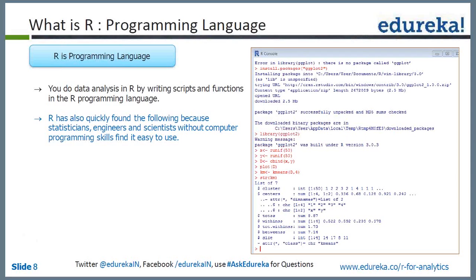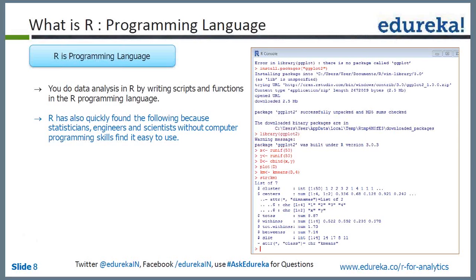So coming back to this, R is flexible. It has all the types, classes, packages, and all that. As we speak, we have about 5,000 packages in R, and it is open source, so that is an added attraction.